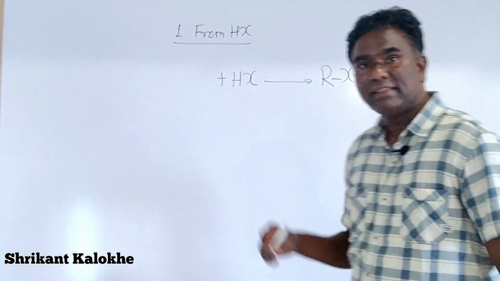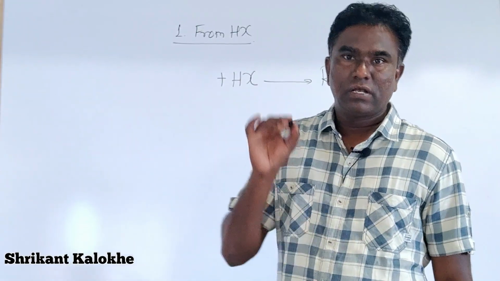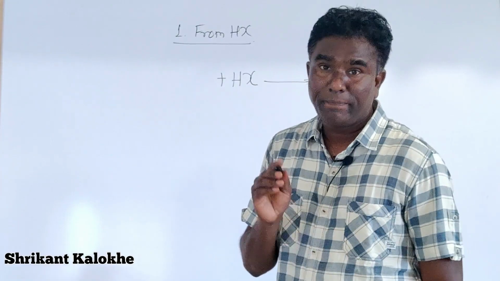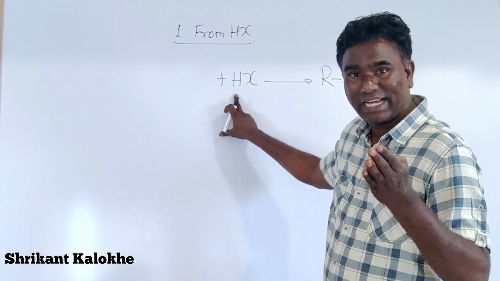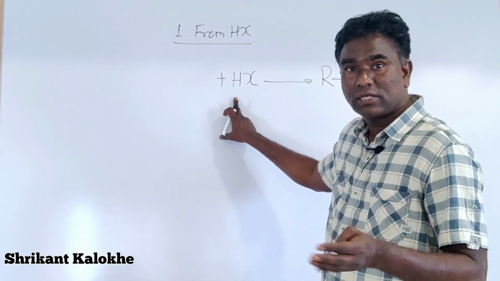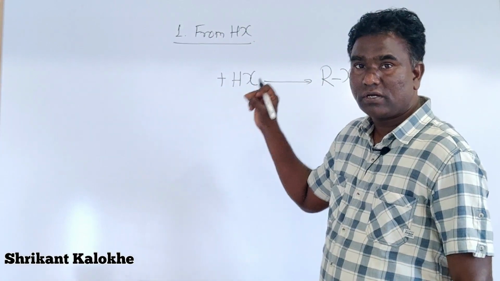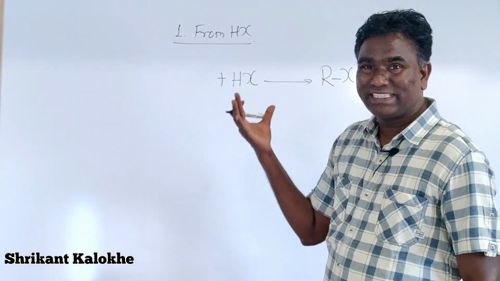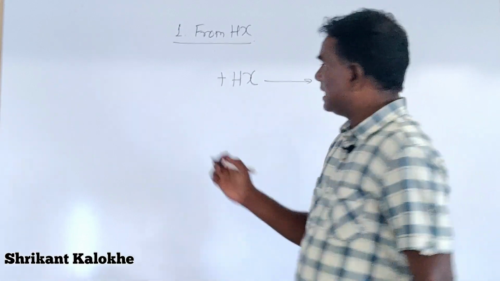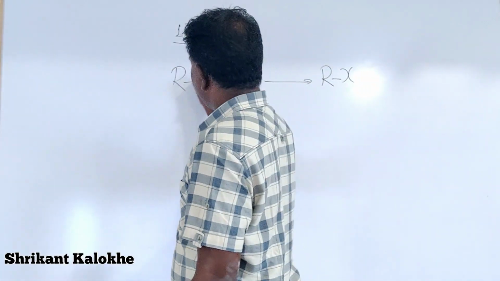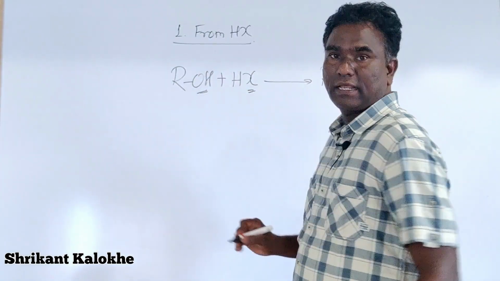If we think in this way, we come to the conclusion that ROH, that means alcohol, could be the better reagent, because it has the tendency to react with HX to form RX. The substrate is the main compound on which this substitution happens, and its functional group OH is being substituted by X.